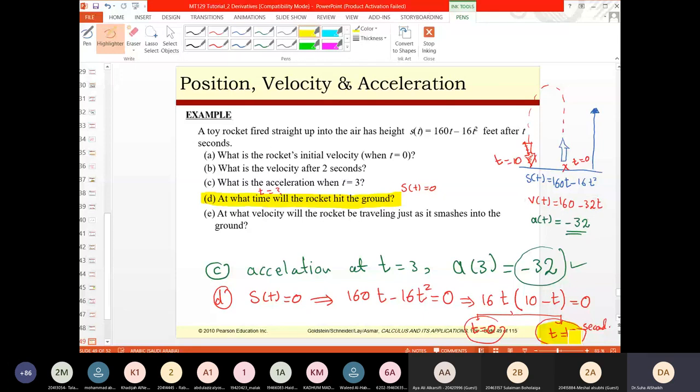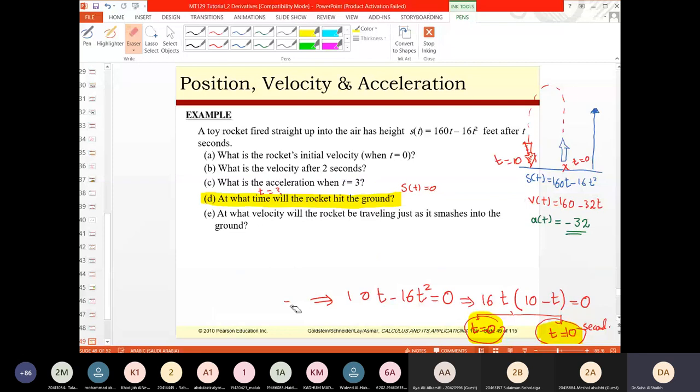You got it? When t is equal to 0, at the beginning of the time, it was on the ground, and it hits the ground again when t is equal to 10. Let's see the next. I'm done with D. We have E.